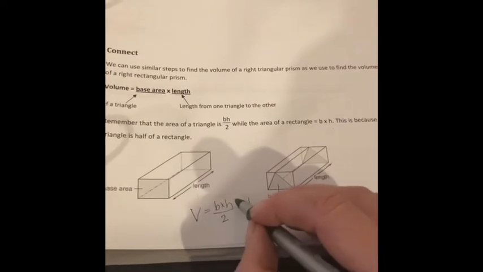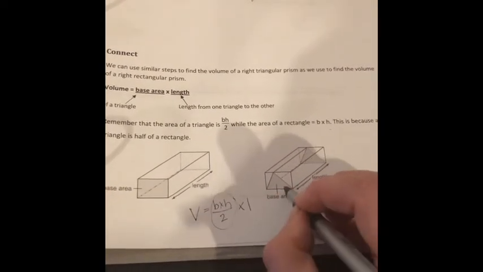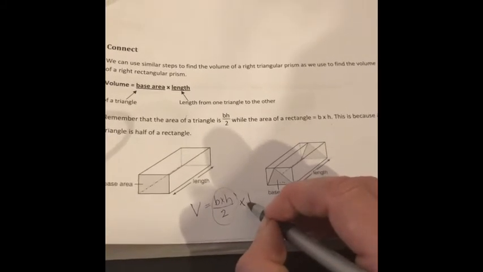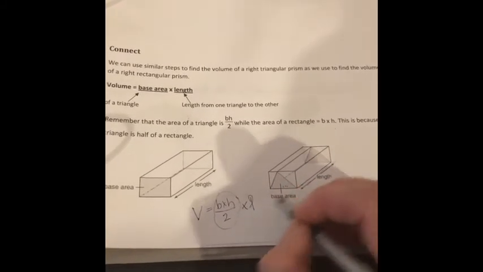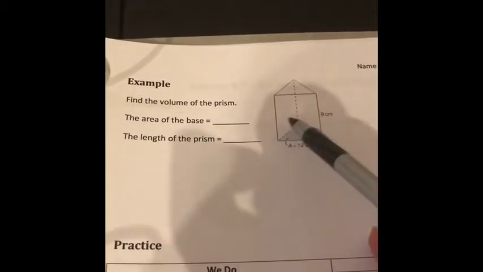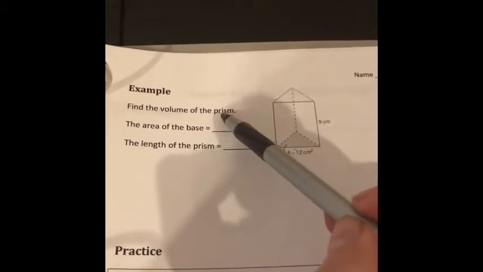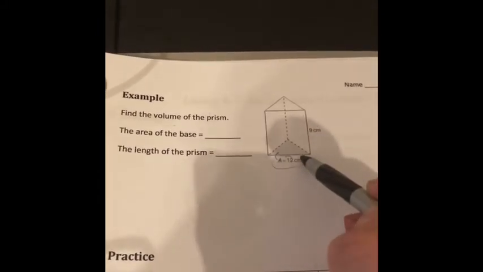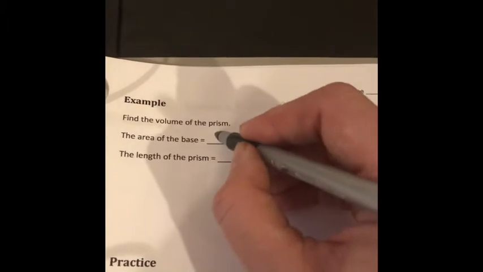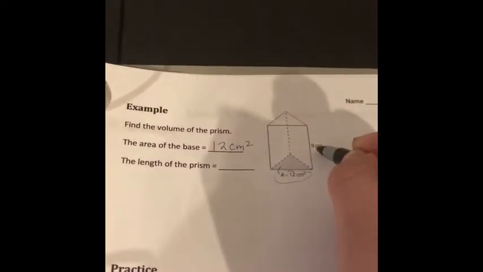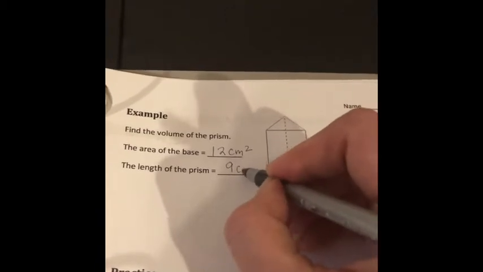So we're going to do the area of the triangle, the base triangle, and then multiply by the length, L. For example, on this triangular prism, find the volume of the prism. The area of the base, it's given here, is 12 centimeters squared, and then the length of the prism is 9 centimeters.